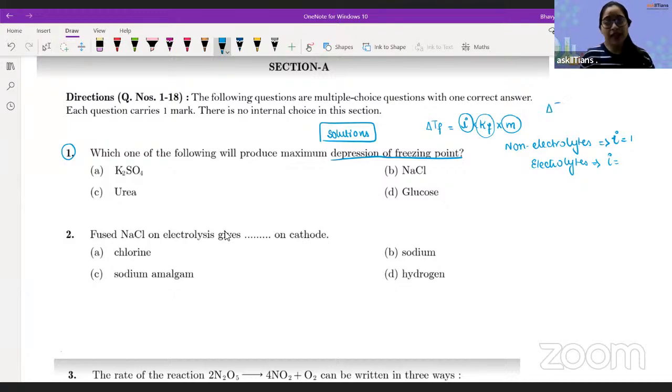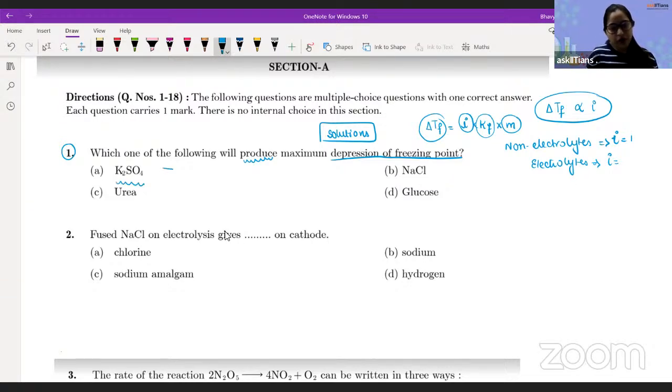Now, can I say that the more the depression in freezing point? So delta Tf means the depression, the difference in the freezing point, right? So this value is directly proportional to i. The question asks which will produce maximum depression, so I have to look for the highest value of i.